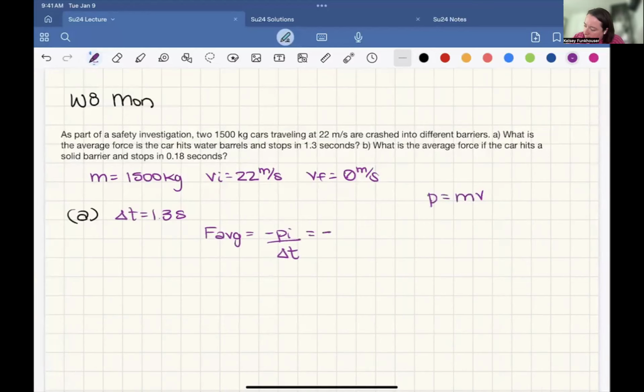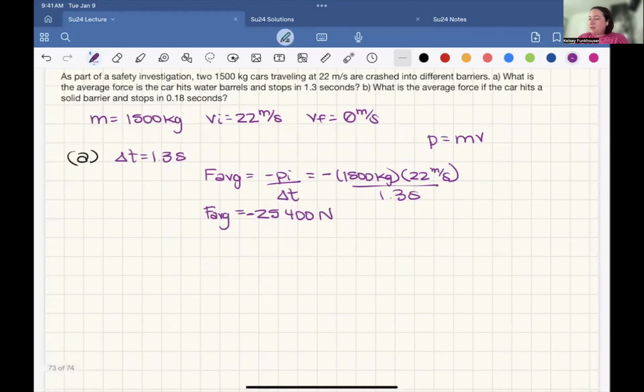So we have negative 1,500 kilograms times 22 meters per second divided by 1.3 seconds. This gives us an average force of 25,400 newtons, which is big. And this is negative. That's really just telling us the direction. It's not a big deal for understanding this example.